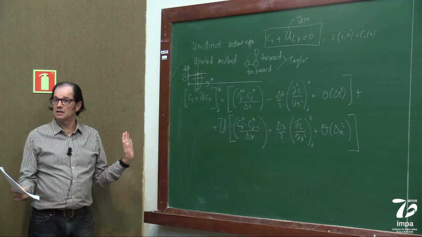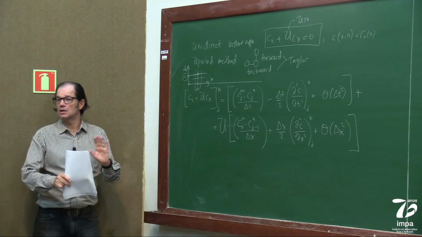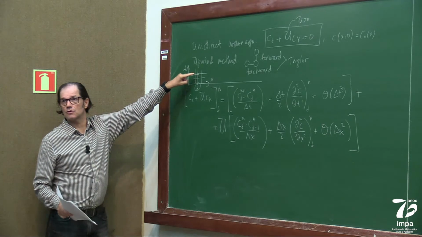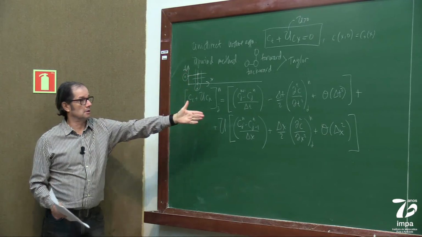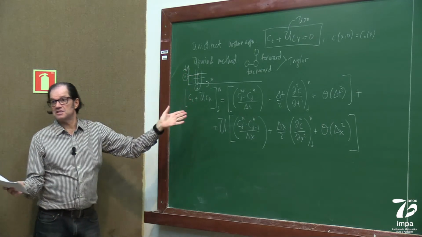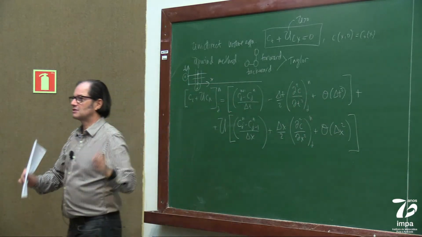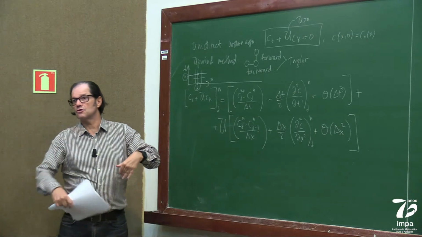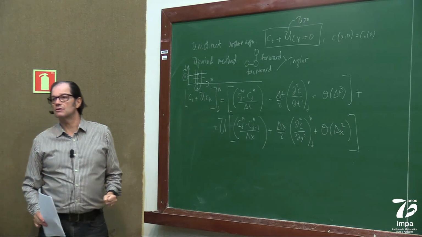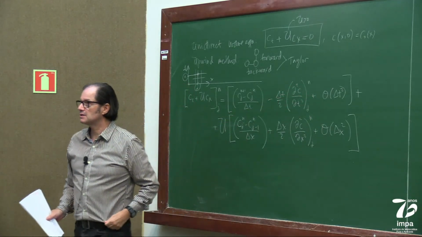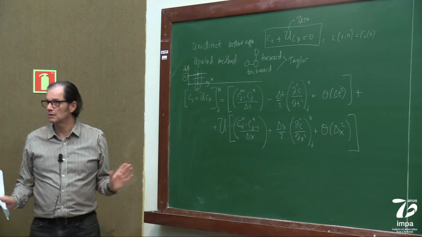Just with a convenient notation, the PDE evaluated at the grid point is this. And this is exact because I'm not paying attention to the tail of the Taylor series expansion, or this could be the error of the Taylor polynomial and so on.